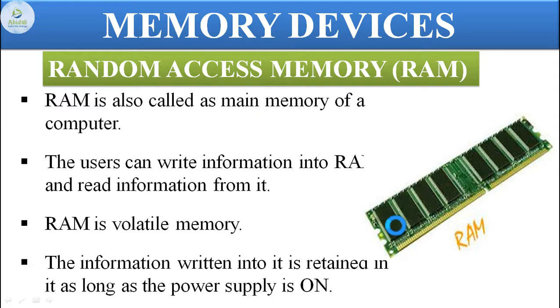The next kind of primary device that is more often used and plays a very important role in memory devices is the RAM. When you talk about electronic gadgets, you will be talking about RAM.